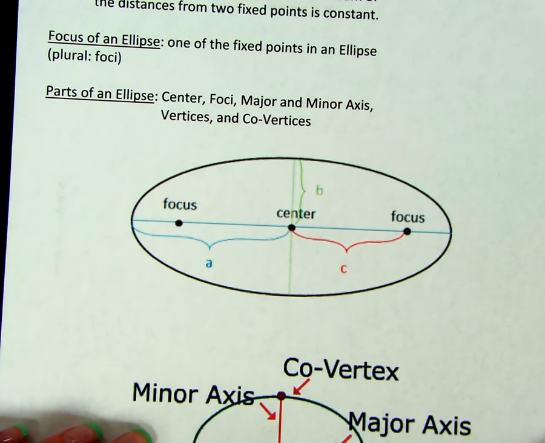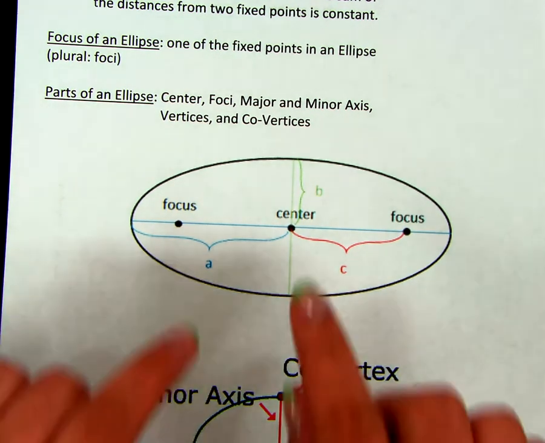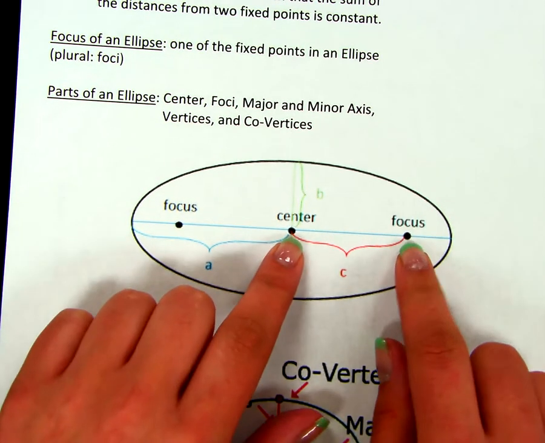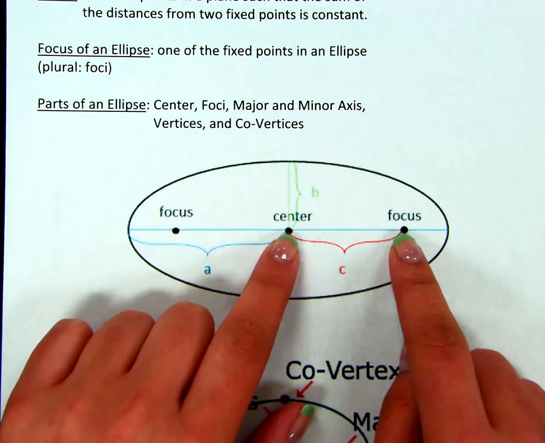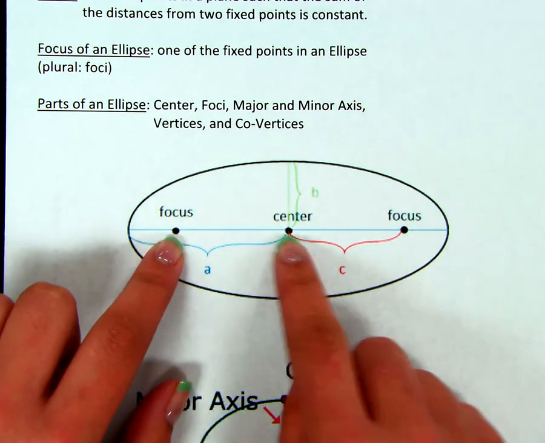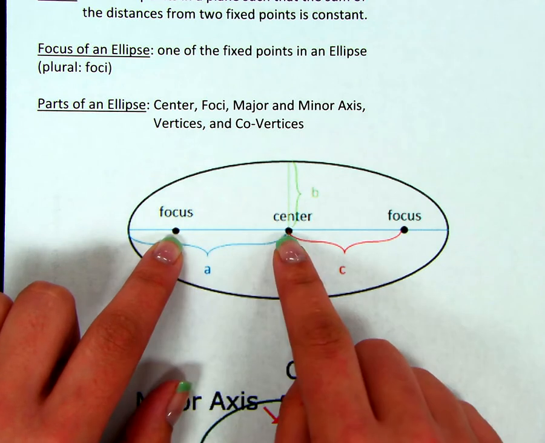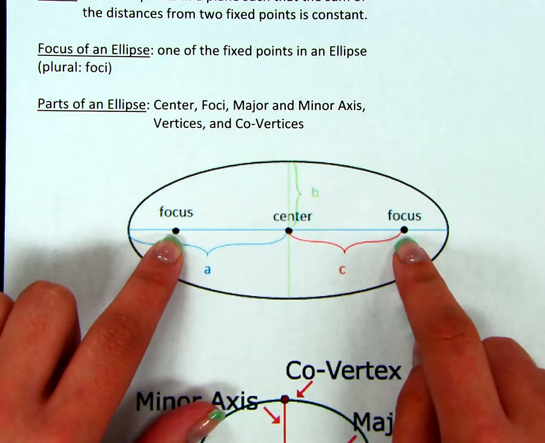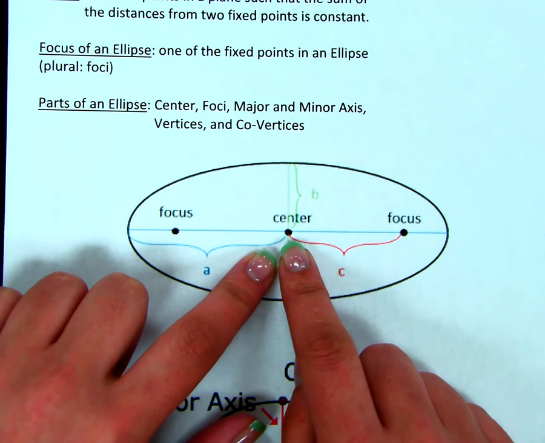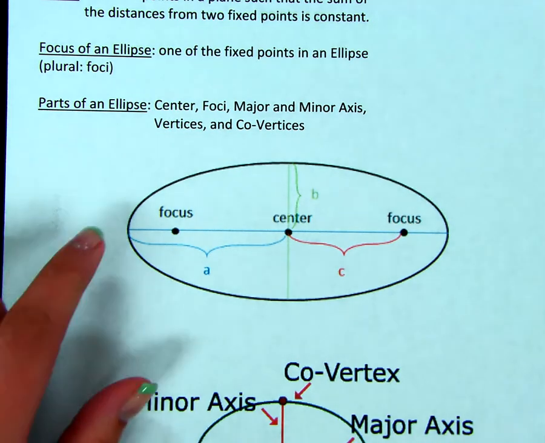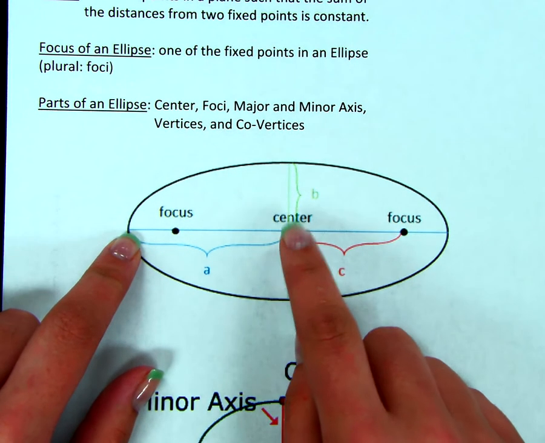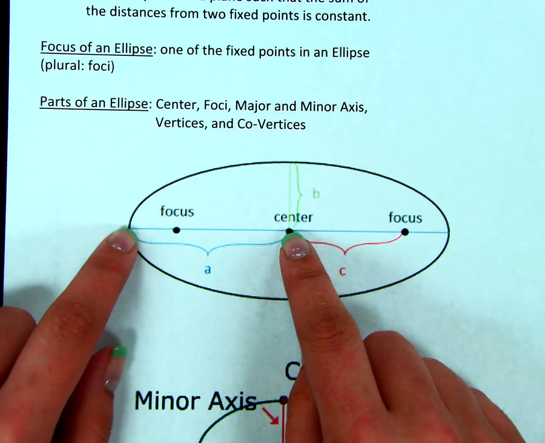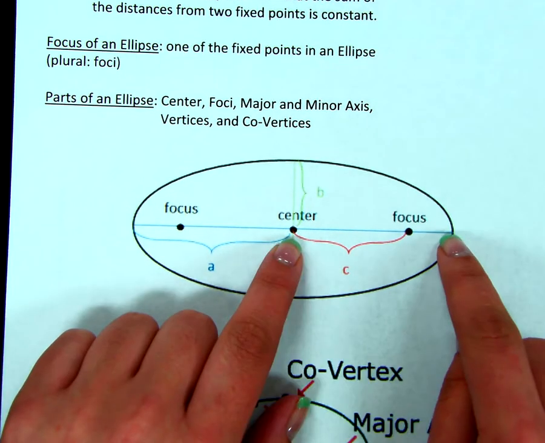Now, the distance between a center and a focus, just like with parabolas, is still going to be a distance of c. Same thing on this side, so this distance here is c. So this whole distance would be 2c. Then to the end of our ellipse, from the center to this point, this point is called the vertex, and then we have the vertex on this side.